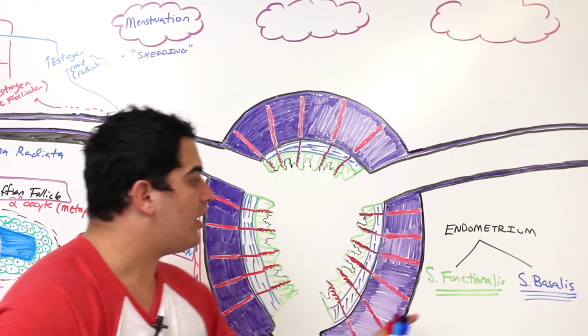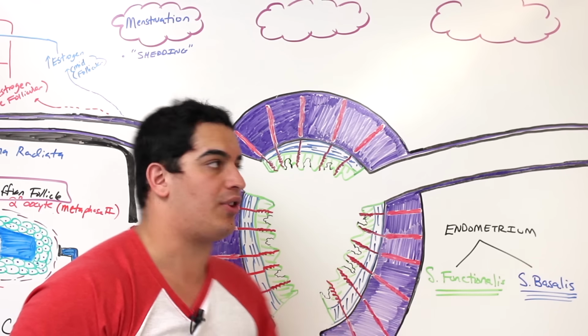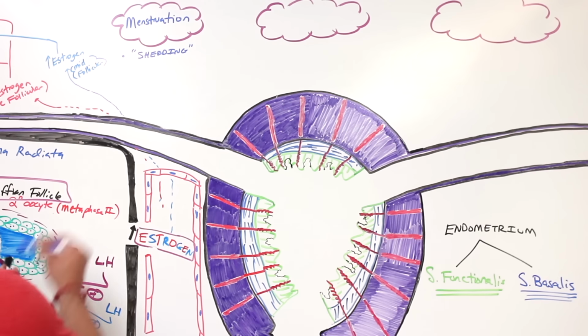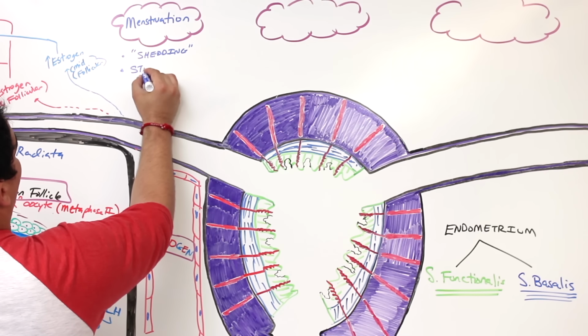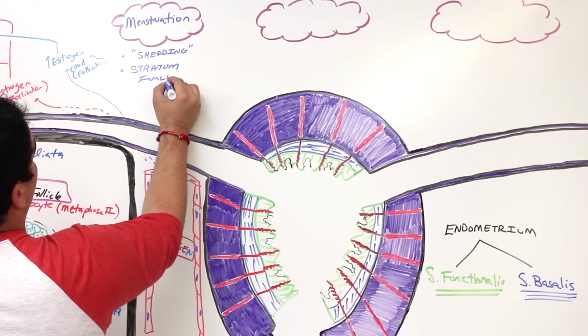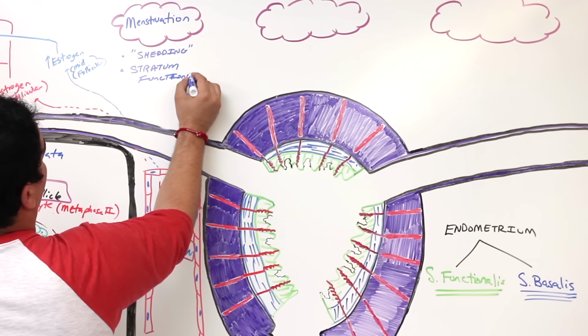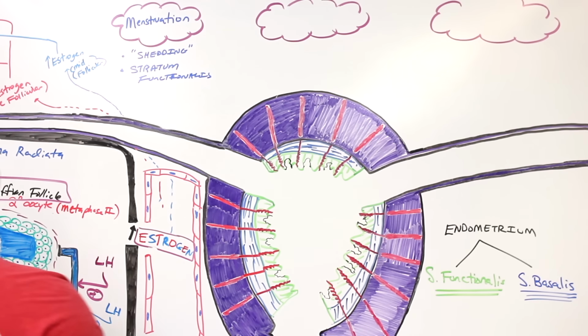During menstruation, the stratum functionalis is the one that gets shed out of the uterus. Now, about how long is the menstruation period?